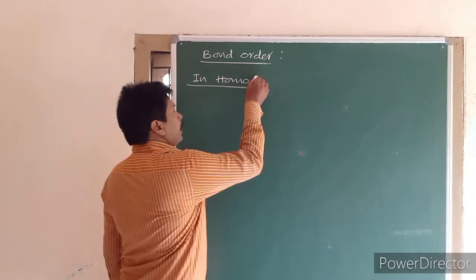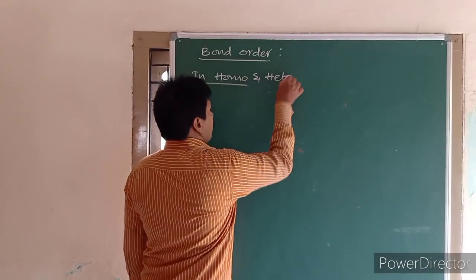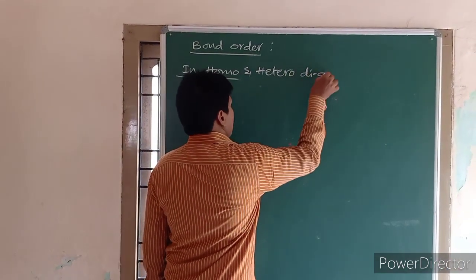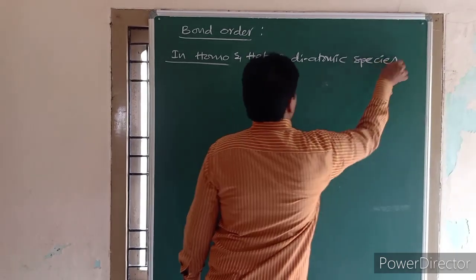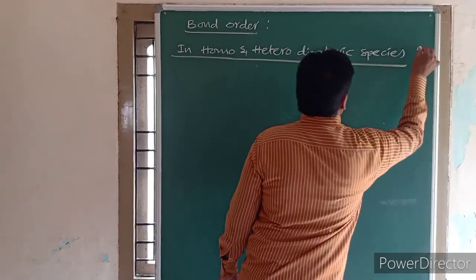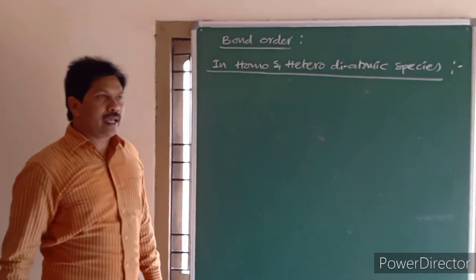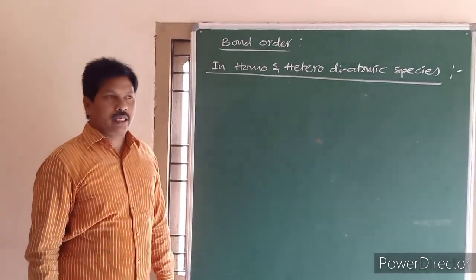In homo and heterodiatomic molecules or species, the bond order is calculated by the electron sum method.